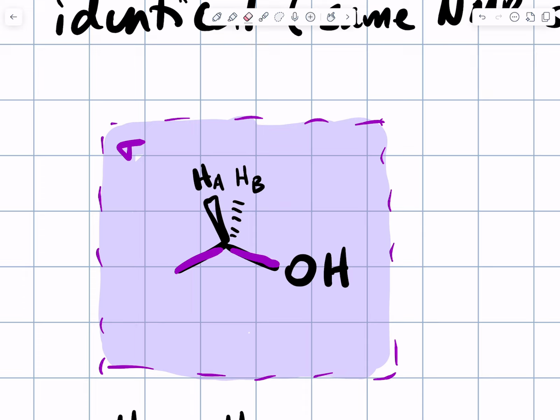Okay, so what's the difference between enantiotopic versus homotopic? Homotopic protons are interchangeable by an axis of symmetry. Enantiotopic protons are interchangeable by a mirror plane of symmetry. How are you going to remember that? Well, remember enantiomers were mirror images of each other, and so maybe that'll help.